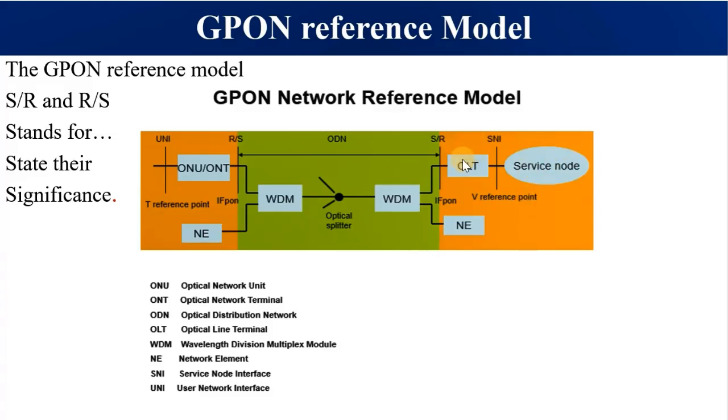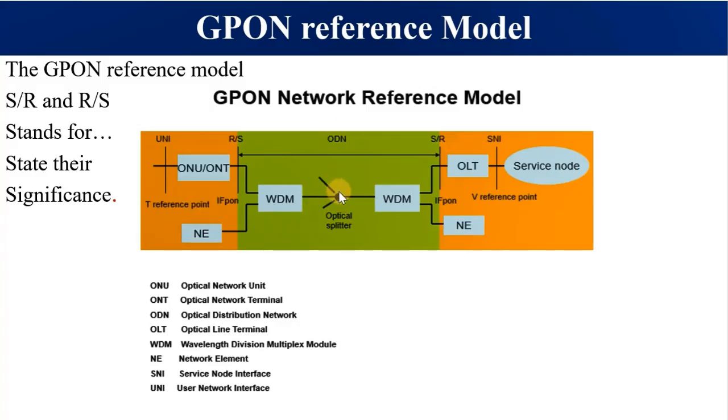So our OLT is connected to our service, and SNI stands for Service Node Interface, and their connection point is called the S reference point. User network interface is called the T reference point. The ONT at the customer is connected to the customer's devices. So where they connect, we call it the UNI, user network interface, and it's called the T reference point.